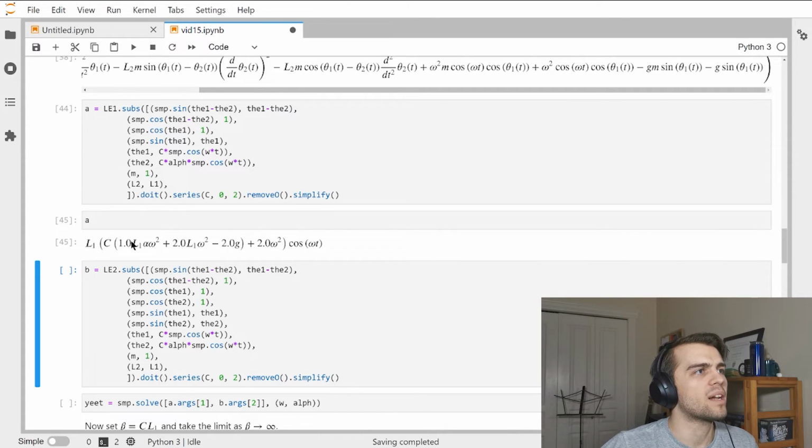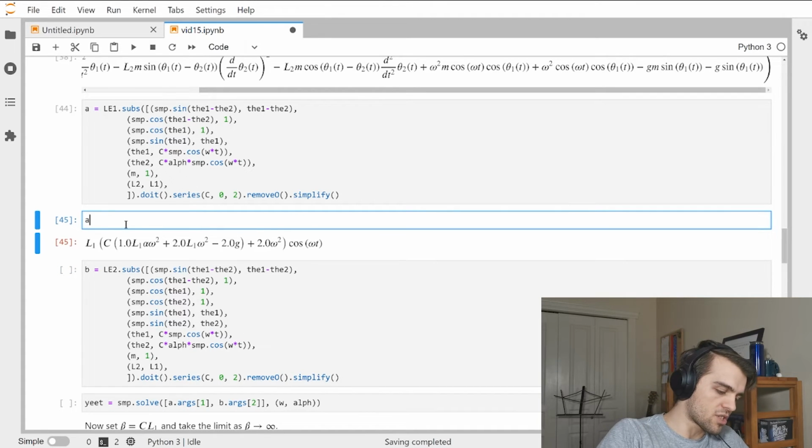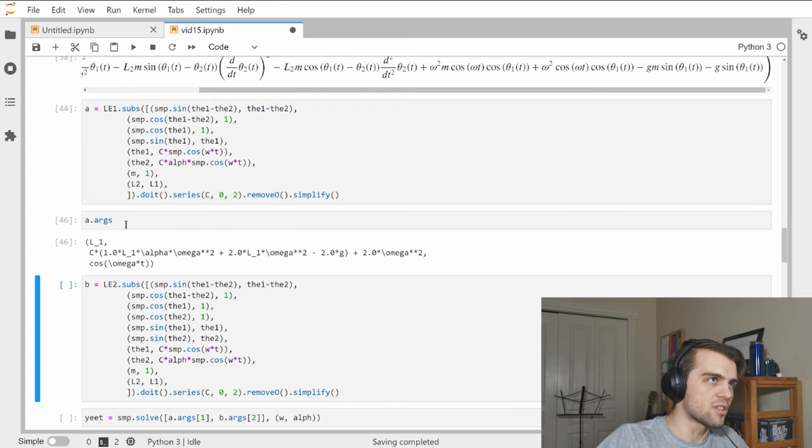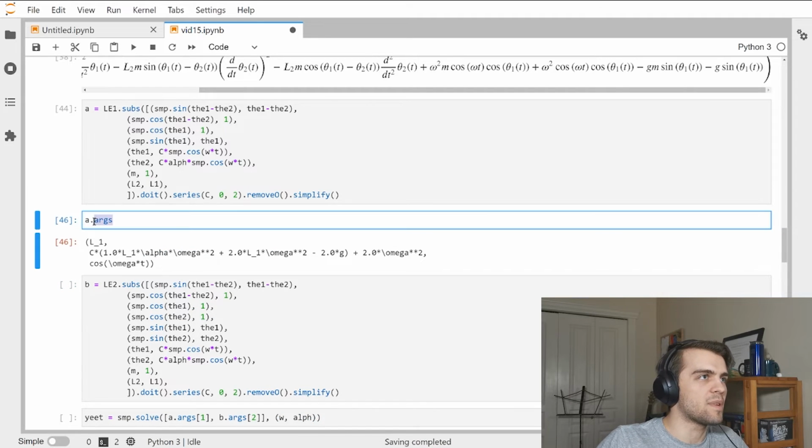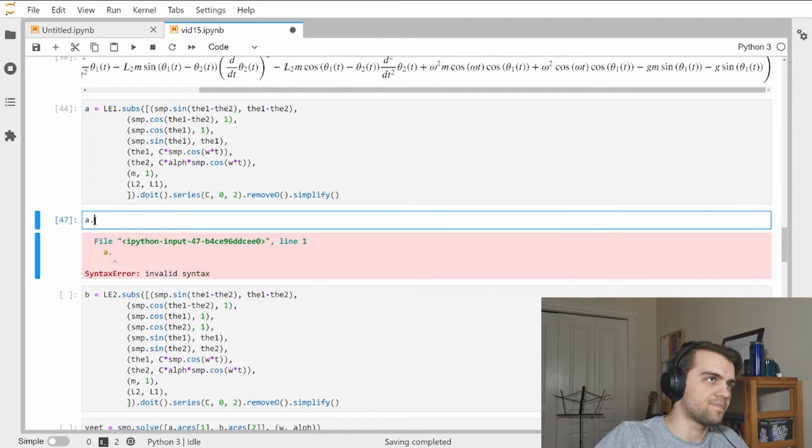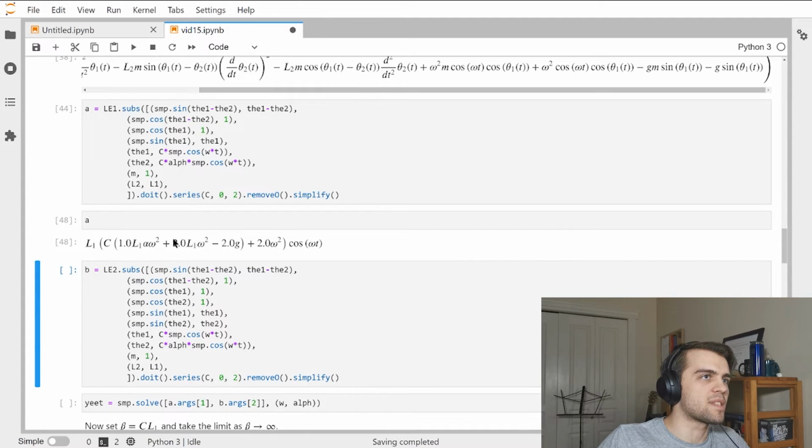So everything here is equal to 0. And so I have L1, I have this thing in the middle, and I have this cos omega t. Well, if everything's equal to 0, it means that this factor in the middle must be equal to 0, right? And so I don't want the other two things. I don't care about this. So you'll note that there's this thing in Sympy called a.args. It will explicitly give me, so you notice that a is equal to this times this times this.